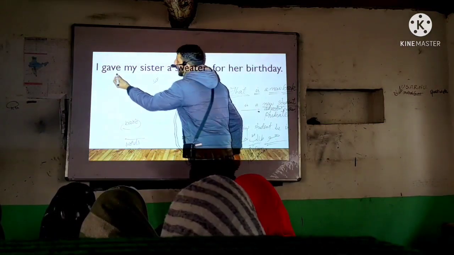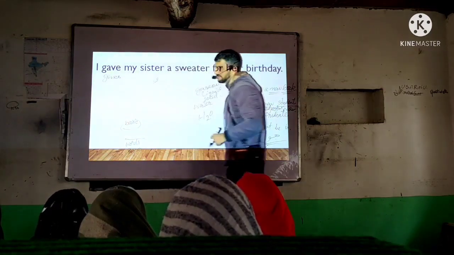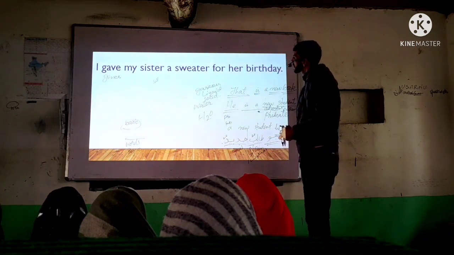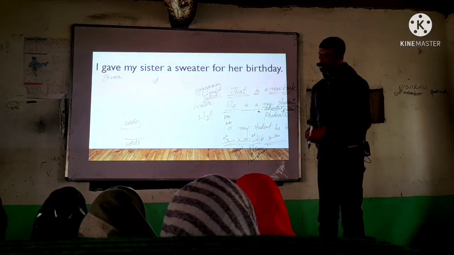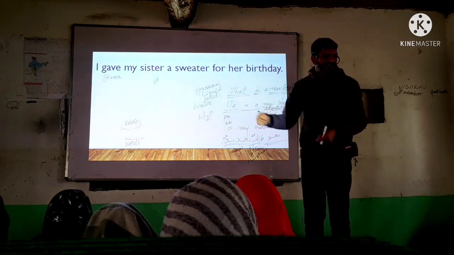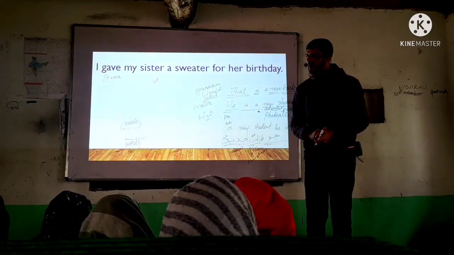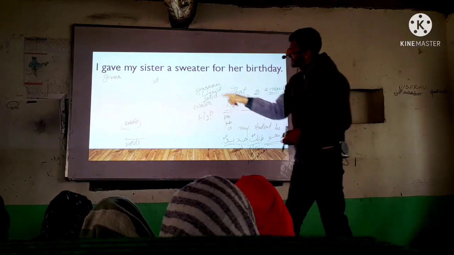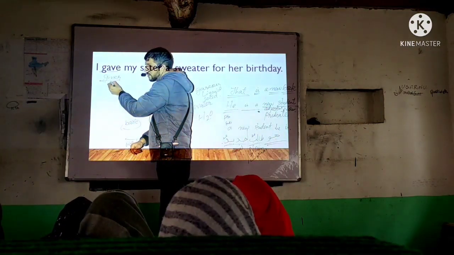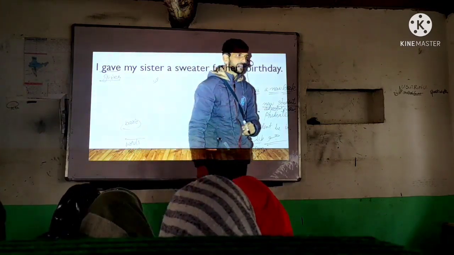If instead of "I gave," I write "I gives," "I giving." If I write "I gives my sister a sweater for her birthday," this "gives" also means the same thing. "I" is followed by a verb. "Gives" is also a verb. "Gave" is a verb. But this is not the appropriate form here.